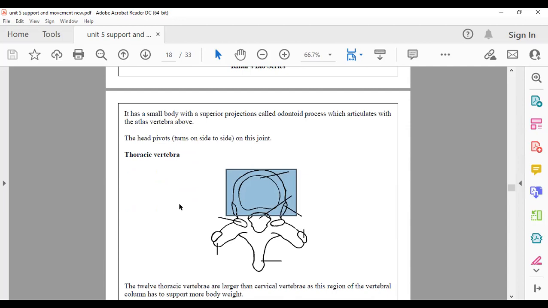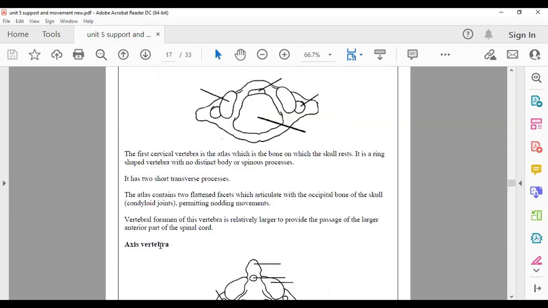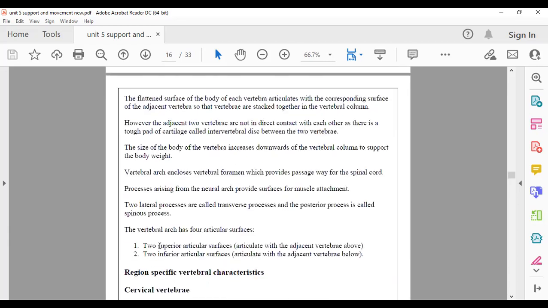But compared to cervical vertebra, thoracic vertebra has to bear more weight because the chest region and arms are there, all that weight is falling on them. Compared to thoracic vertebra, lumbar vertebra has to bear more weight.